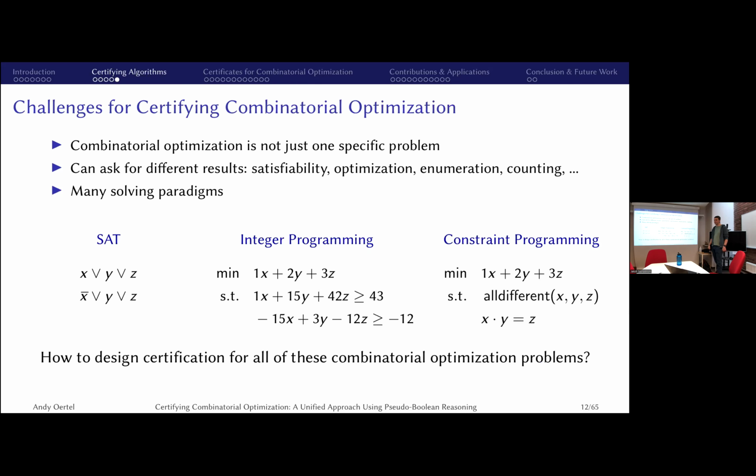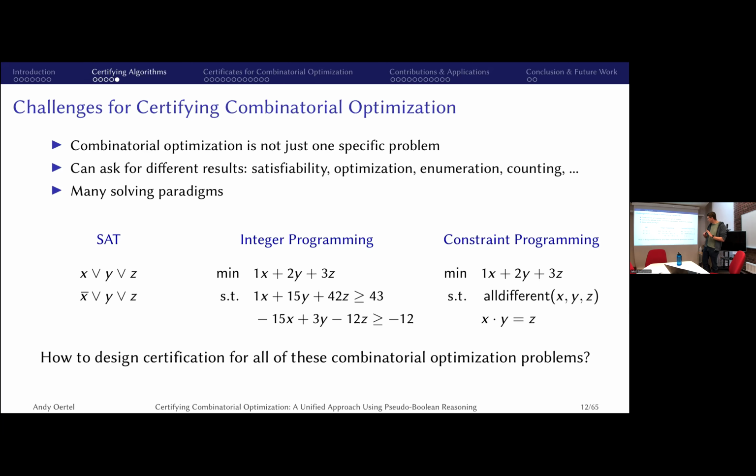So how on earth can we design a certification system for all of these different things, paradigms and results? I will show you this in the rest of this talk.